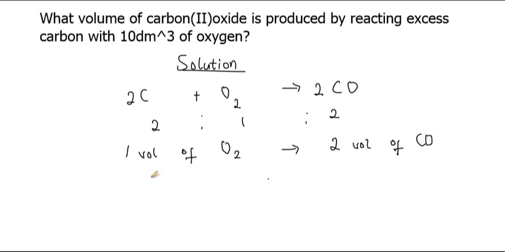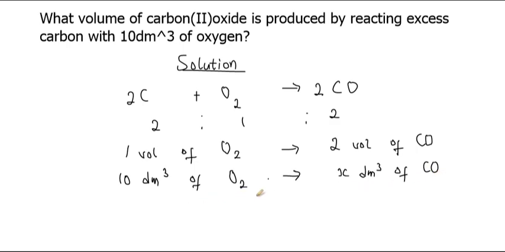So now, given 10 dm³ of oxygen, 10 dm³ of oxygen will liberate x dm³ of carbon(II) oxide, and that's what we are being asked to calculate, the volume of carbon(II) oxide that is being liberated.